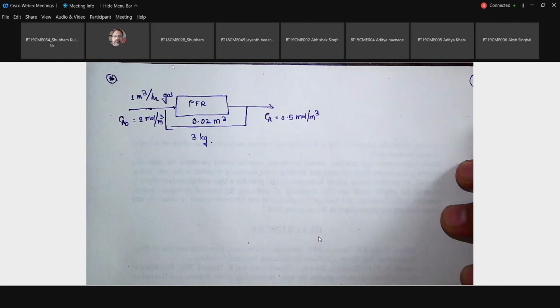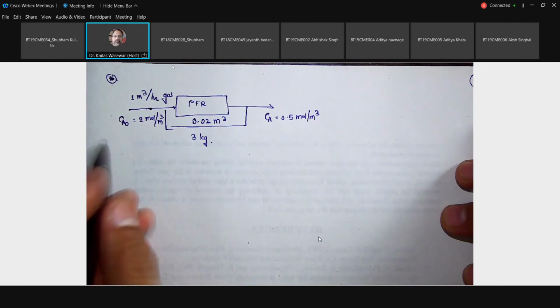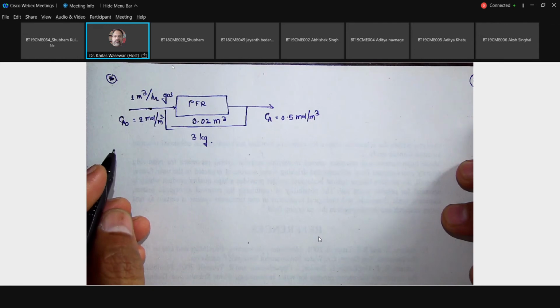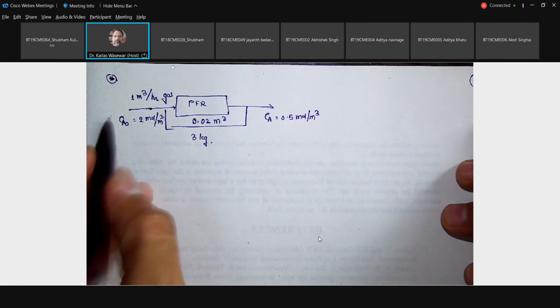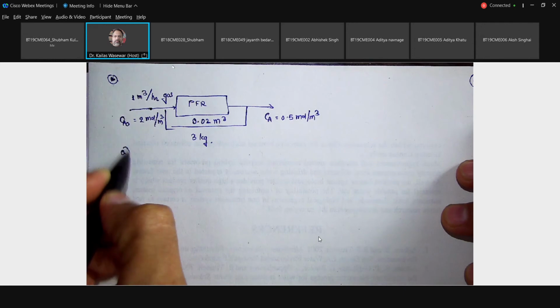Now we have to find out the rate equation. Rate equation is nothing but, we can say, the rate constant for a particular reaction. So there is a case 1.